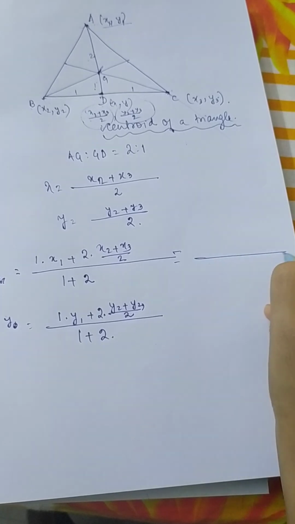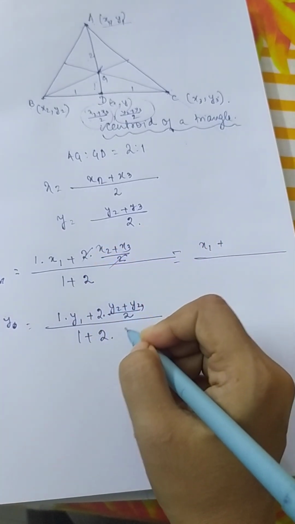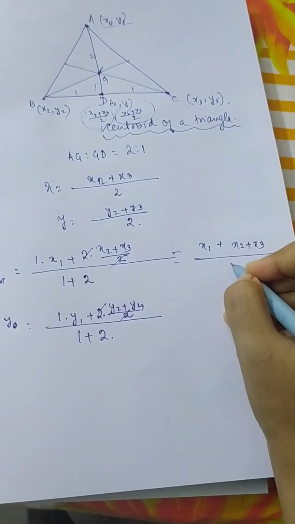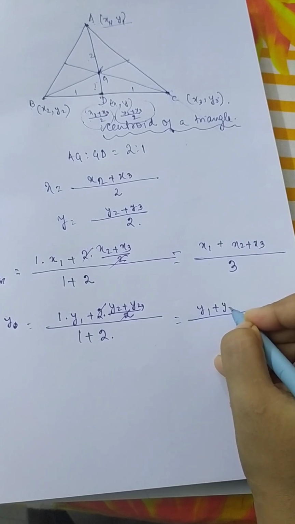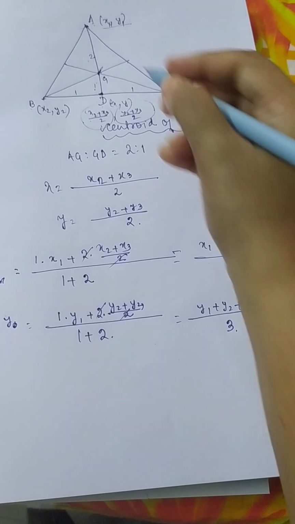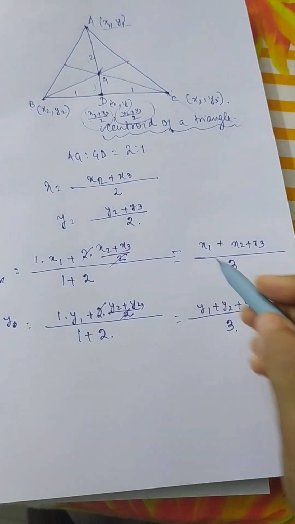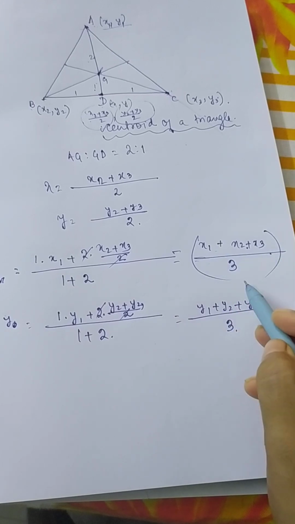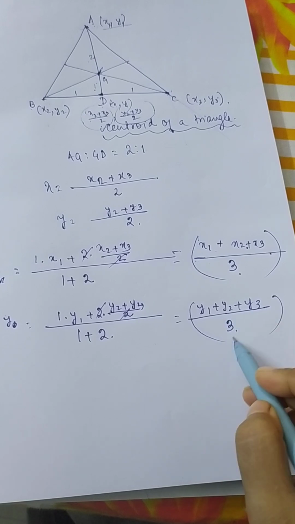If I simplify it, it will be x1 plus x2 plus x3 by 3, and y1 plus y2 plus y3 by 3. So ultimately the coordinates of the centroid will be x1 plus x2 plus x3 by 3 and y1 plus y2 plus y3 by 3.